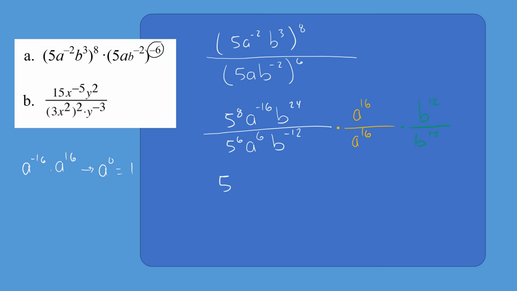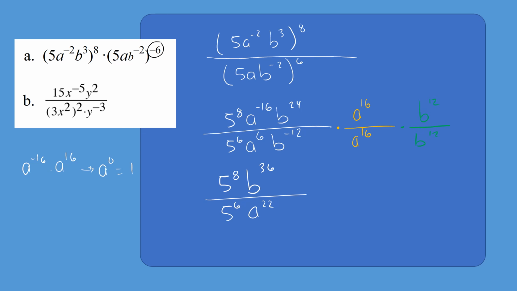I end up getting 5 to the 8th, and then times b to the, let's get this right, I'm adding 12 factors of b to that numerator, so it's going to be b to the 36th power, and then there's no a's up there. In my denominator, I'm going to have 5 to the 6th power times a to the, let's see, 16 and 6, which would be the 22nd power, a to the 22nd power, and I'm very close to being done.